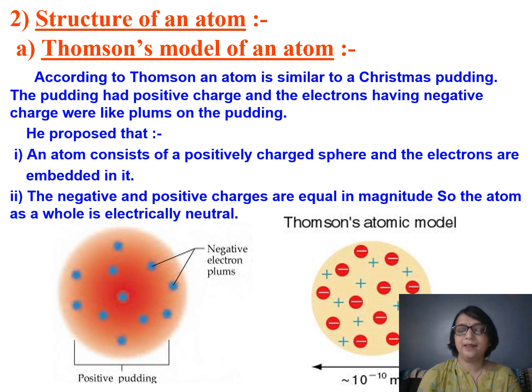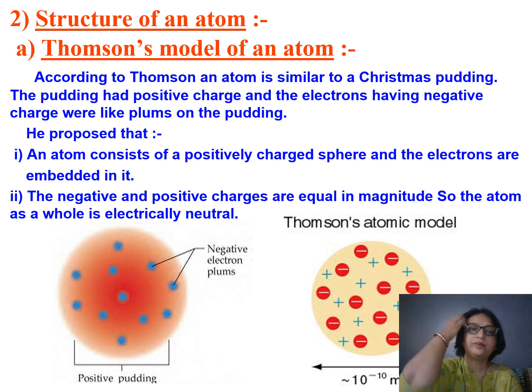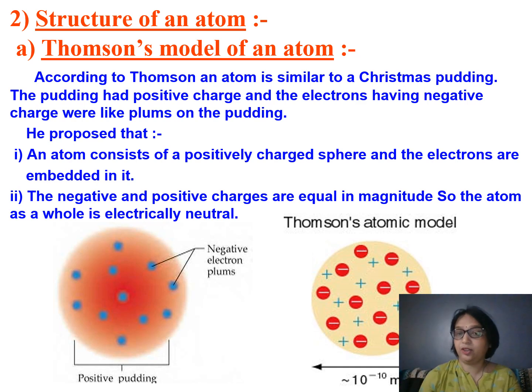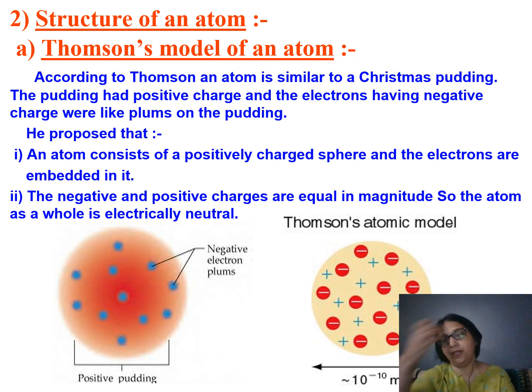Different scientists tried to explain how these particles are present in the atom. First of all, Thomson tried to give the structure of the atom. According to Thomson, an atom is similar to a Christmas pudding, so this model is also known as the plum pudding model.